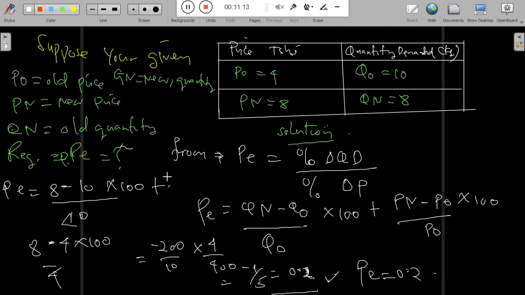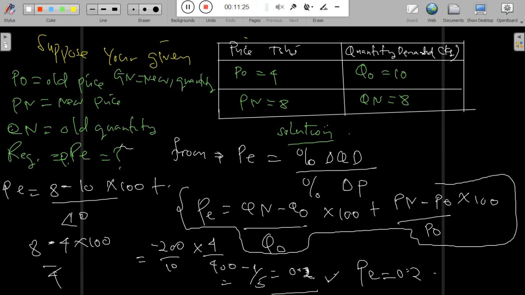So it will be negative 80 over 40,000. What remains is negative 1 over 5. That will give you the price elasticity of demand, that is 0.2. So that is how we do it.